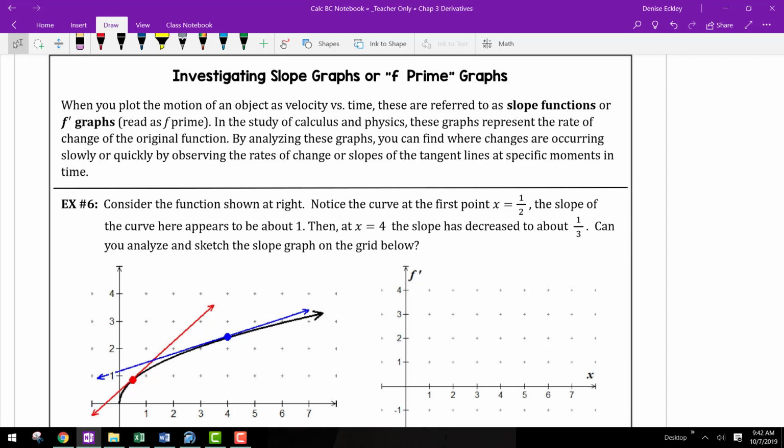And the answer to that would be, it looks like a decreasing exponential graph. So we have our slope here is 1 at 1, and then at 4, it was about 1/3. So this is what is happening. This is what the slope curve looks like. And if you notice, that's what is happening in our original curve.